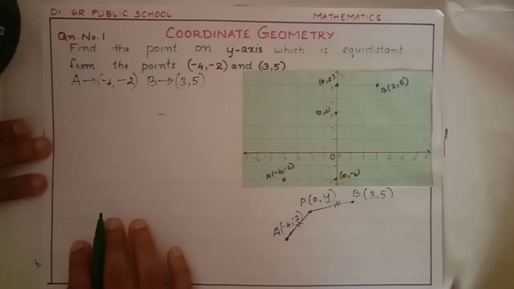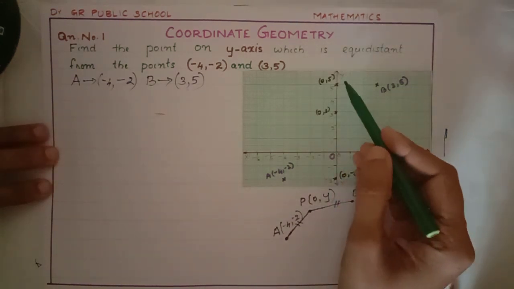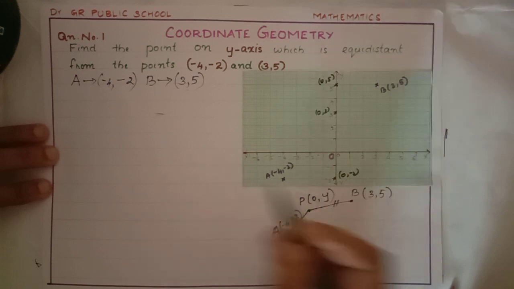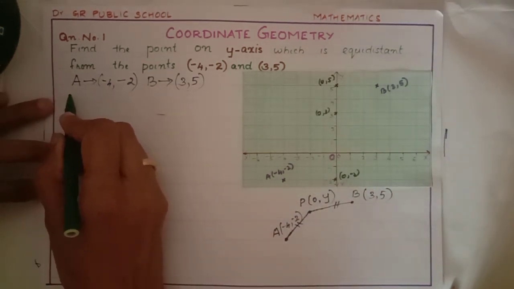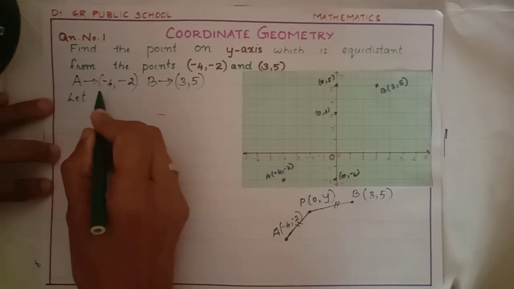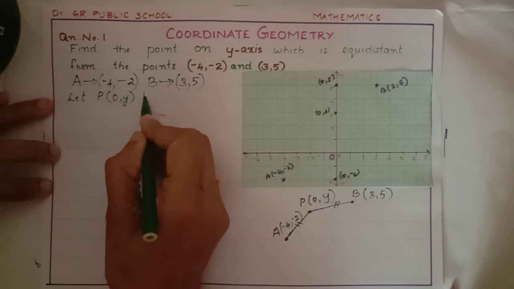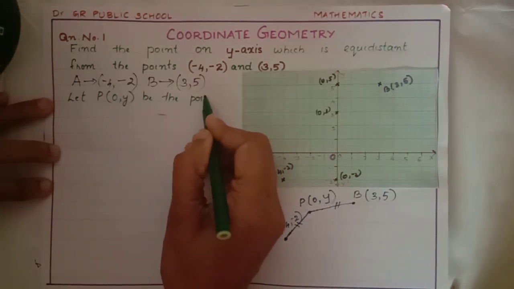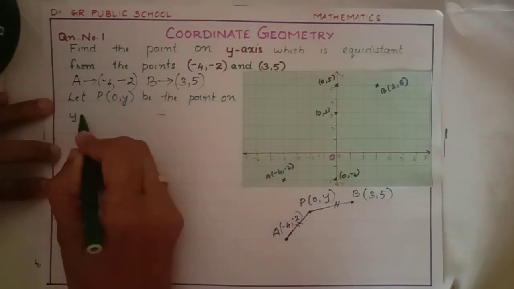Now we have taken the point on the y-axis as P(0, y), isn't it? Let P(0, y) be the point on the y-axis. Okay, children.